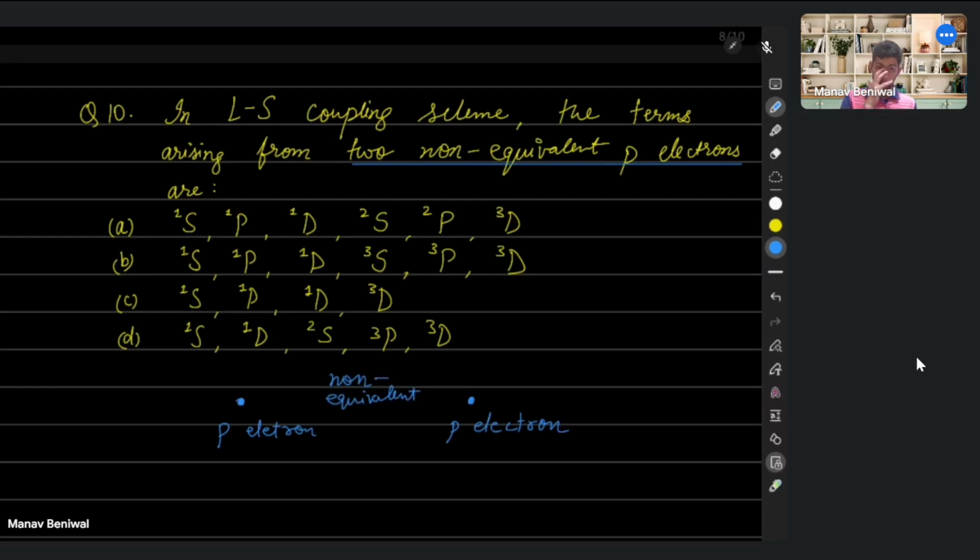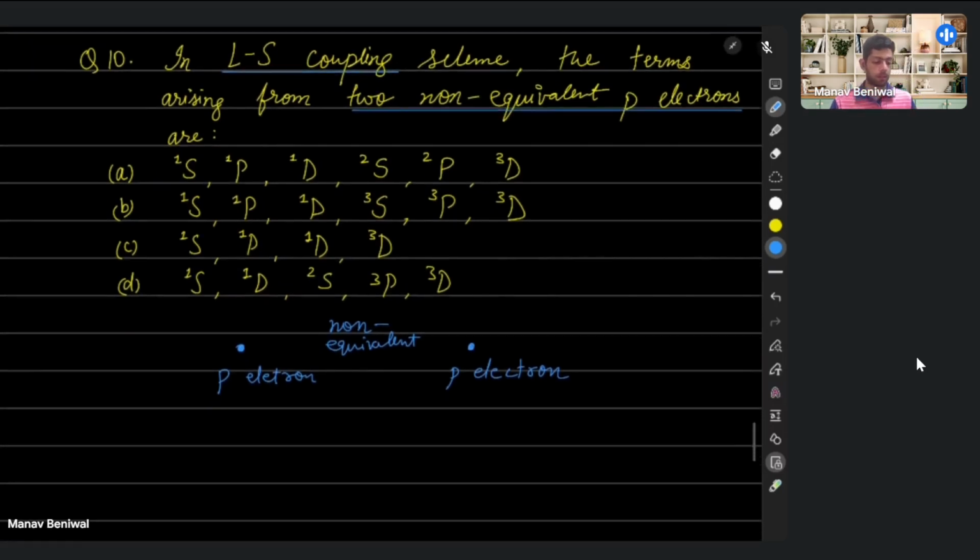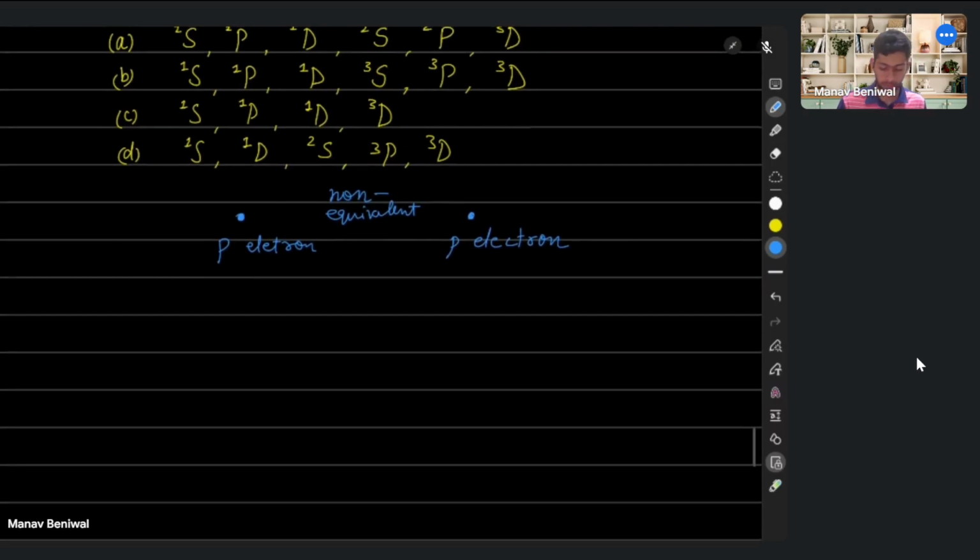Okay. And now what we have to do, we have to couple them using LS coupling and then find out the spectroscopic terms.